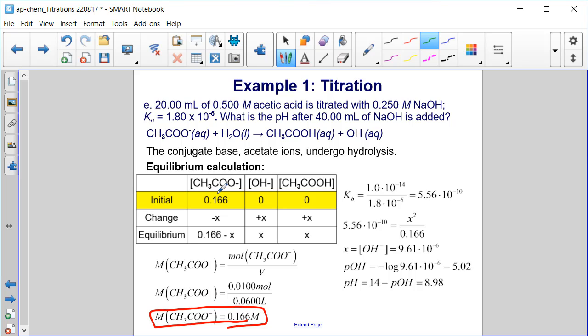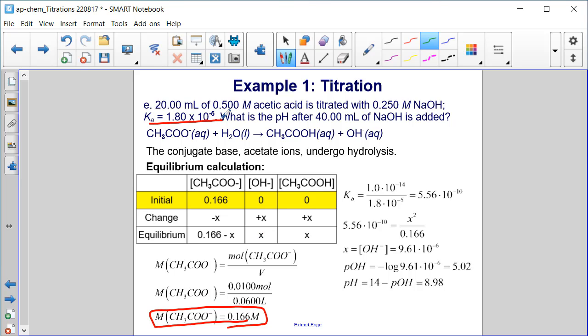And remember that there's this equilibrium that's reestablished where the conjugate base, the acetate ions, undergo hydrolysis in the solution of water, where some tiny fraction of OH minus and acetic acid are formed, and we call that X. So because the acetate ion is the conjugate base, we can't use this Ka directly.